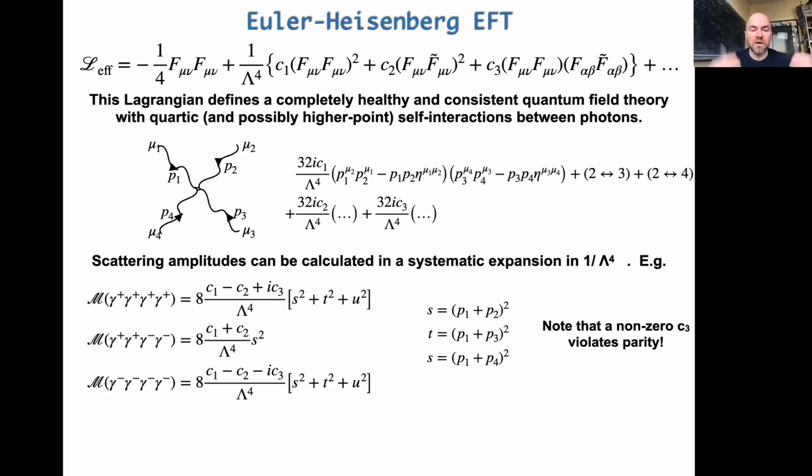Because you're getting a different result for scattering of helicity plus photons and helicity minus photons. So of course, if this effect existed, that would be a huge discovery. There is at the moment no indication that this kind of effect is present in nature, but we never know.